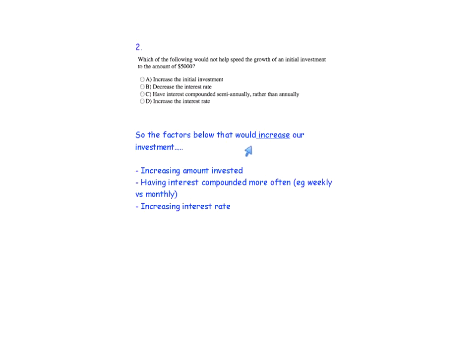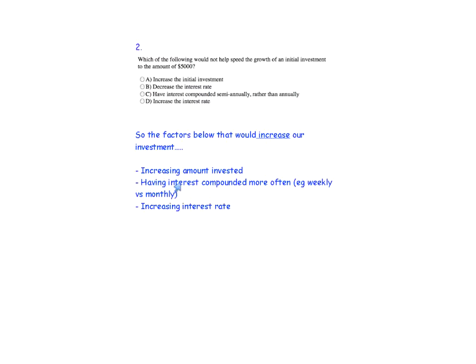which of the factors below would increase our investment? Would increasing the amount invested in the beginning increase our investment? So again, increasing the amount that we invest in the beginning, in other words, the principal, a larger principal is going to mean we're going to have more investment in the end.